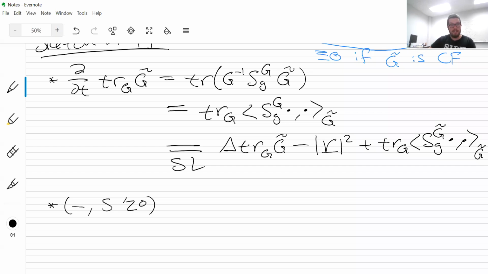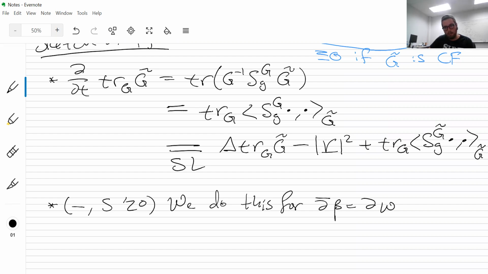In there, we do it in the setting where there is no omega 0, so we do this for d bar beta equal to d omega, the evolving one. There is no omega 0, but the computation is purely formal. It proceeds the same way.